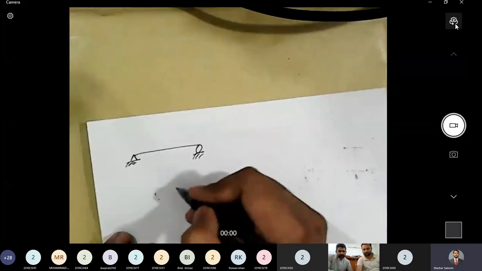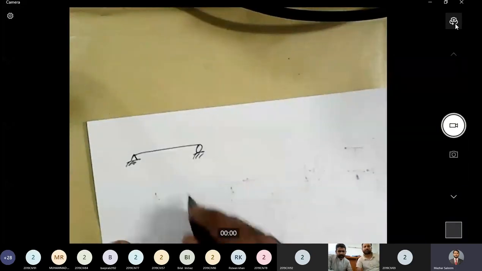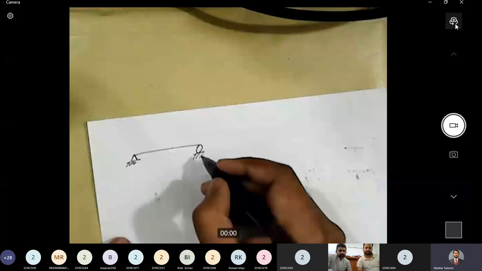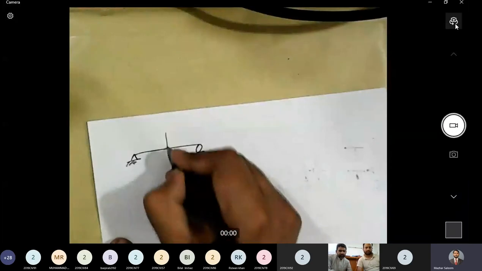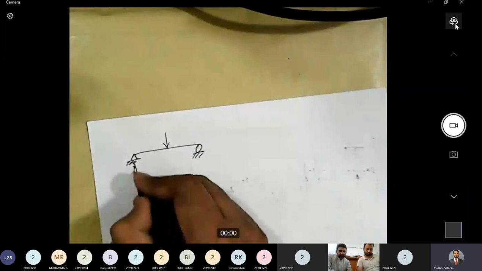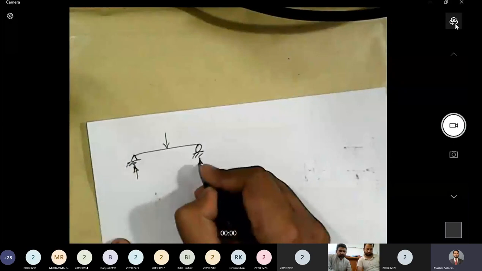Have you studied that? Yes or no? Anybody? Yes, okay, that's good. So in beam analysis, for example, I apply a load here and I want to calculate these two reactions.